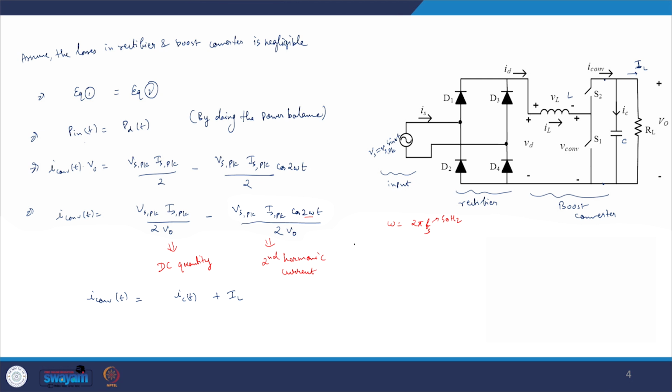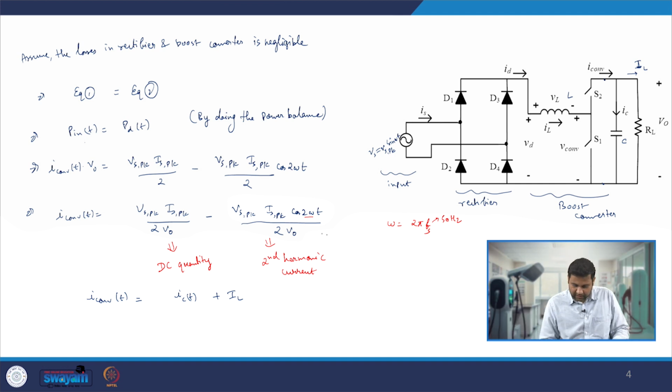So let us calculate the ripple current which is going through this. This particular part will be flowing through the capacitor, while this part will be flowing to the load RL.